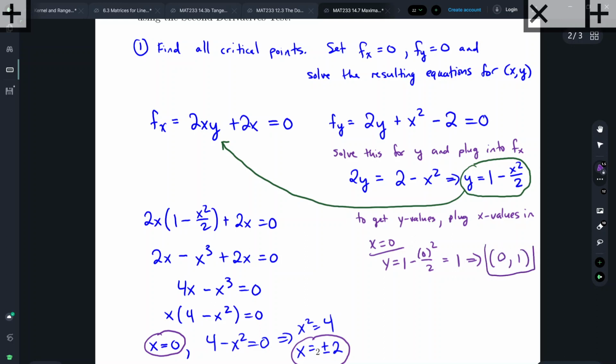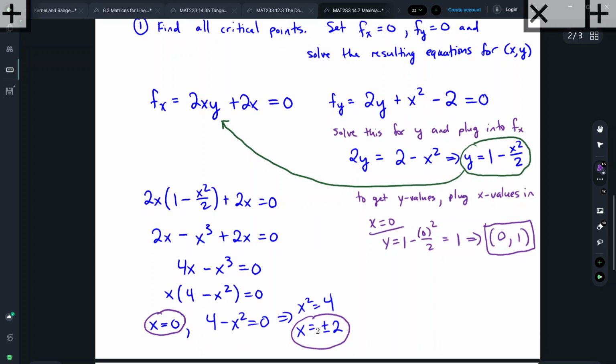Okay, so that's my first critical point, and when x is equal to positive 2, again just calculating, y equals 1 minus 2 squared over 2, so I'm plugging all of the x values back into this equation. So what is this? 2 squared is 4, 4 divided by 2 is 2, and then 1 minus 2 is negative 1.